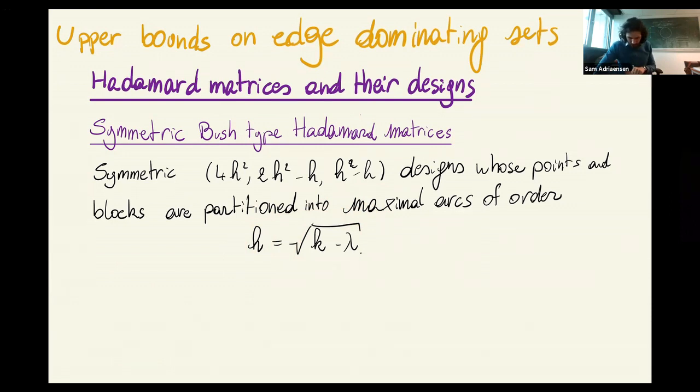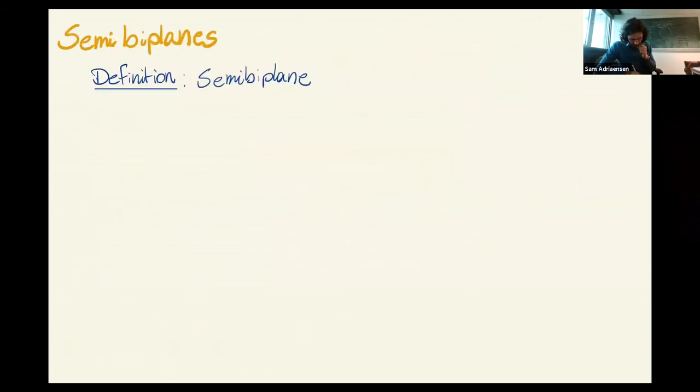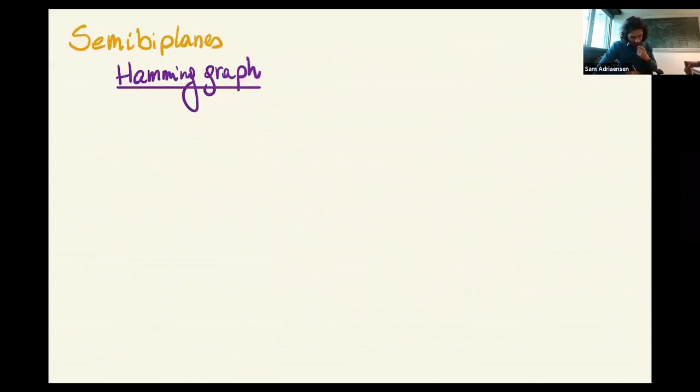Yeah, so I see I'm running a bit out of time, so I'm going to very briefly mention the semi-biplanes, but let me just go directly to the construction. So if you look at symmetric designs where lambda equals 2, we don't know a lot of them.